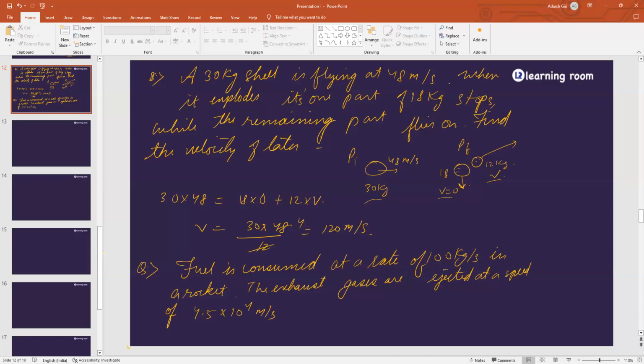What is the thrust experienced by the rocket?